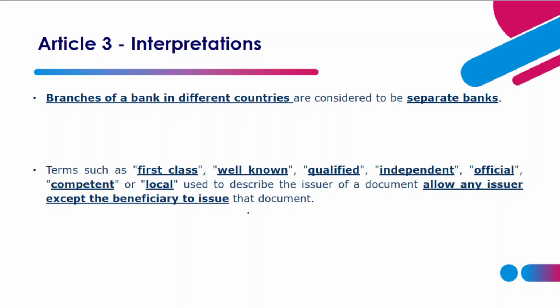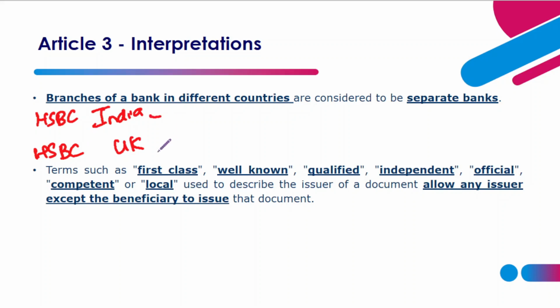Fifth one, they say branches of a bank in different countries are considered to be separate banks. So let's assume HSBC India, HSBC UK. Now these two are branches of one bank but located in different countries.